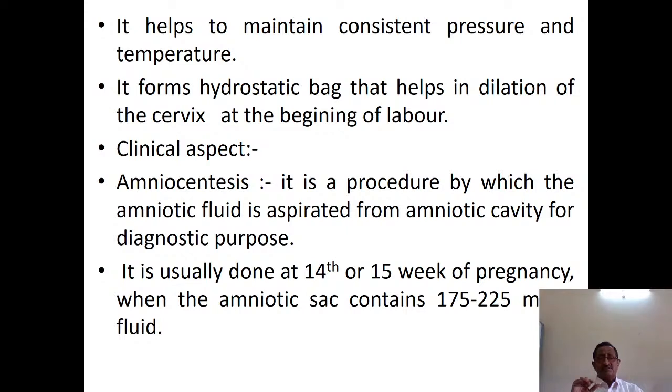The amniotic layer and the chorion, the outer layer of the trophoblast, come together and thereby obliterate the coelomic cavity. So the amniotic cavity has now completely occupied the interior of the chorion.